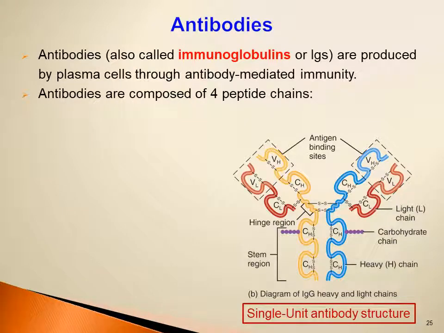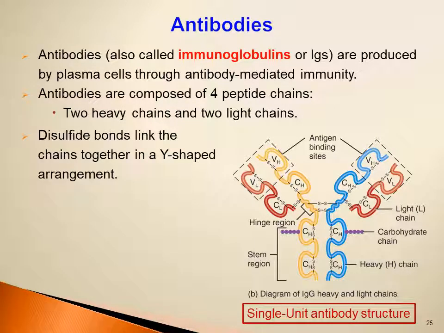Antibodies are composed of 4 peptide chains, 2 heavy chains and 2 light chains. You can see here 2 heavy chains, the yellow and the blue one, and the 2 light chains in red.